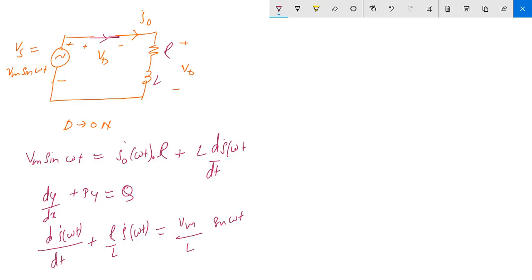So this equation is similar to that, and if you solve it you will get an integrating factor. You will be able to get the equation in the form y times integrating factor equals integration of q into integrating factor dt plus c.